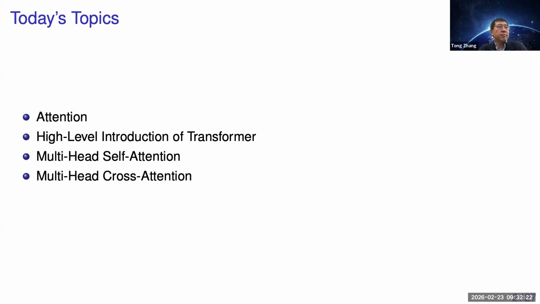Basically, there are two things in the original transformer paper: self-attention as well as cross-attention. Today we'll focus on attention mainly. Next time we will talk about the transformer more generally.